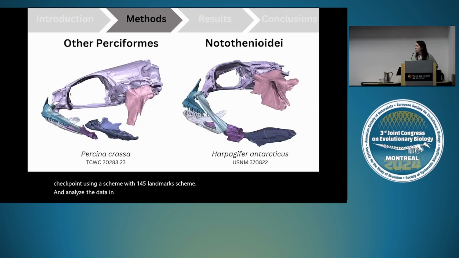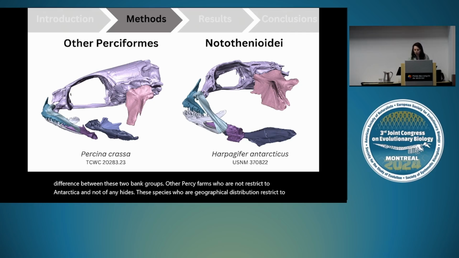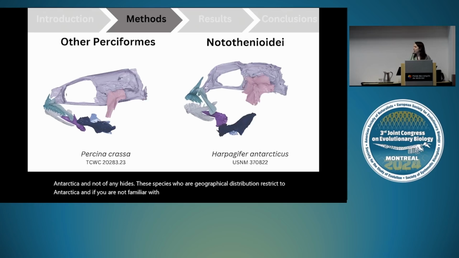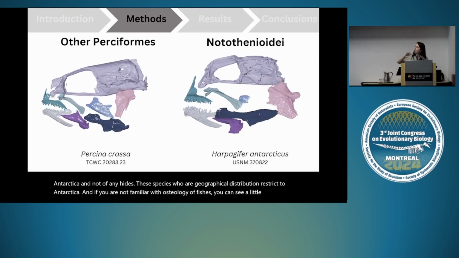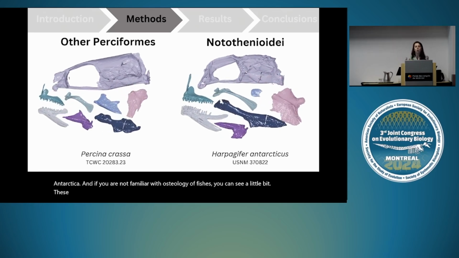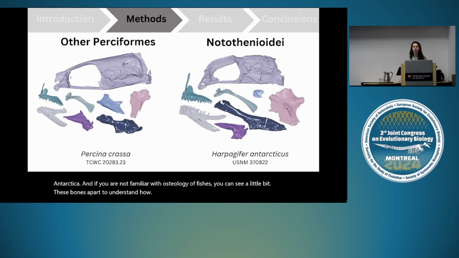As you can see here, in our first result, we can observe the difference between these 2 main groups: other perciforms, which are not restricted to Antarctica, and notothenioids, the species whose geographical distribution is restricted to Antarctica. If you are not familiar with the osteology of fishes, you can see these bones apart to understand how the shape of these bones is a little different between these 2 groups.